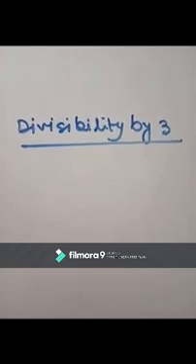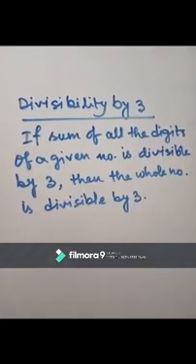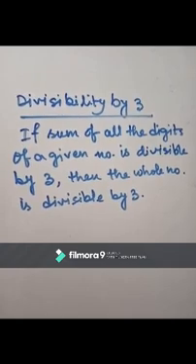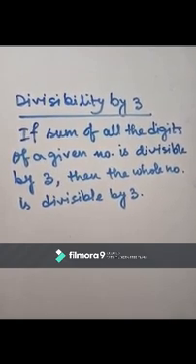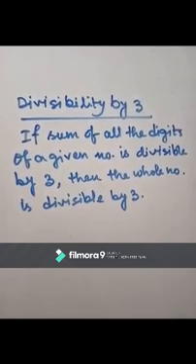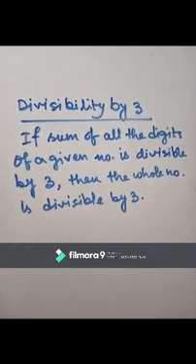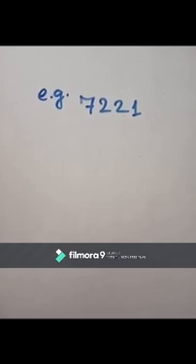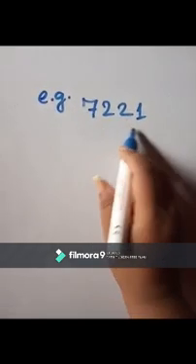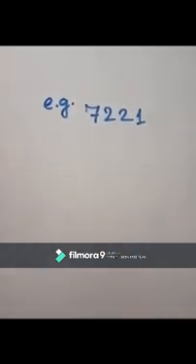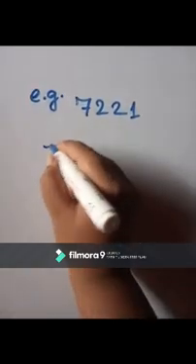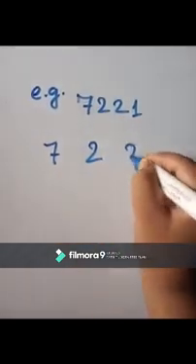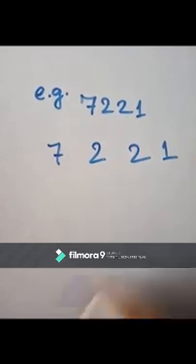Next is divisibility by 3. If the sum of all the digits of a given number is divisible by 3, then the whole number is divisible by 3. Let's look at an example. 7221. The digits of this number are 7, 2, 2 and 1.